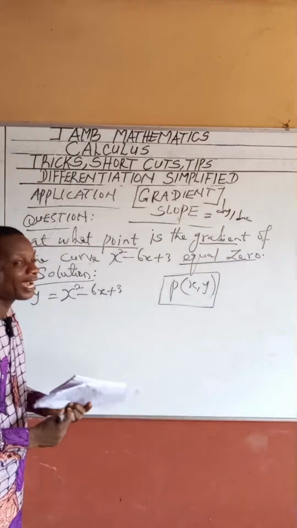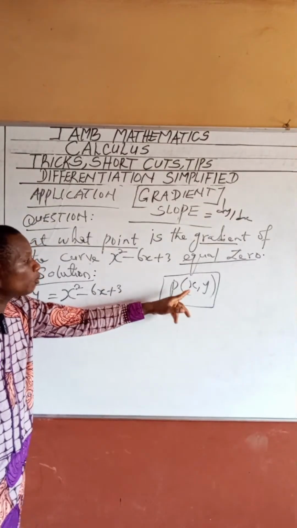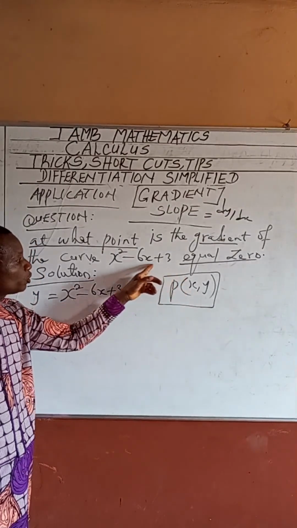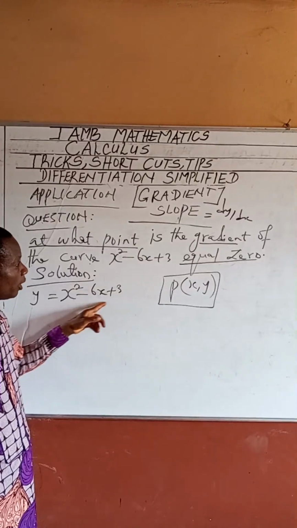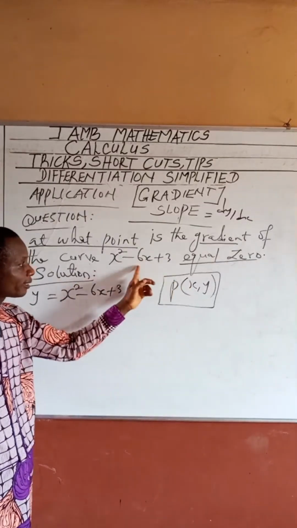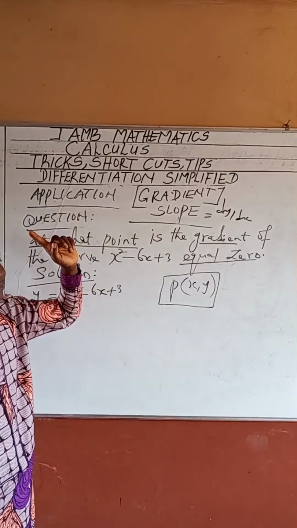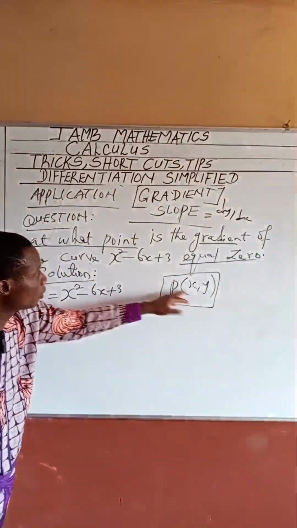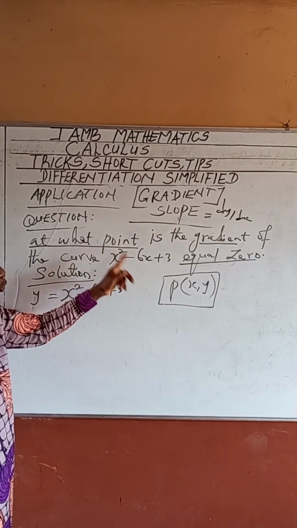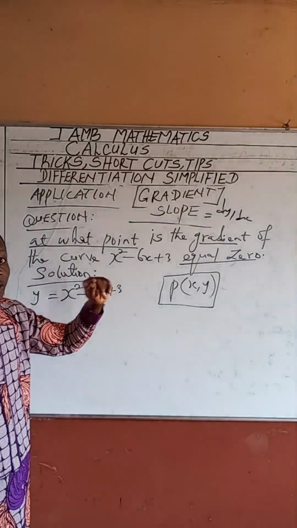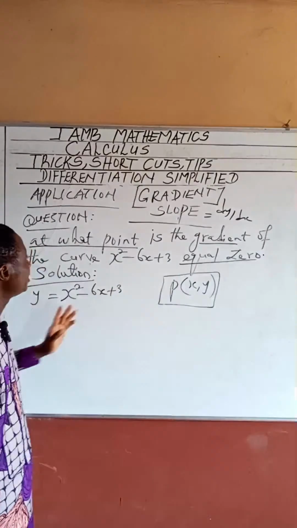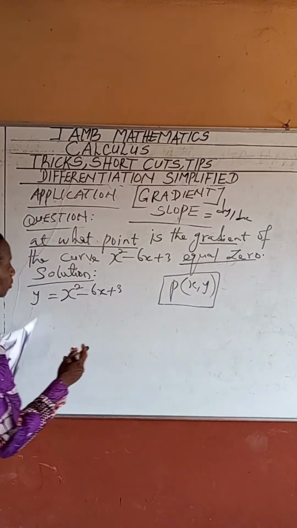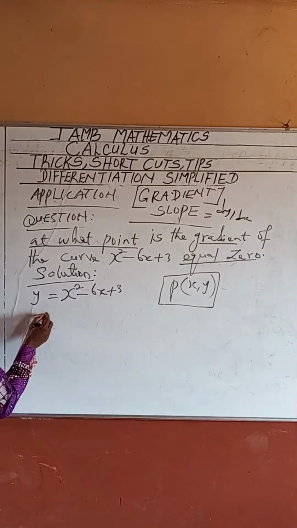That will help us to find x. And when we find x, go back to the original expression, substitute for x, then we'll get y. You must get the two because they said at what point. If we don't get x and y, we cannot get the point. Is that taken? So we will proceed now to get it.